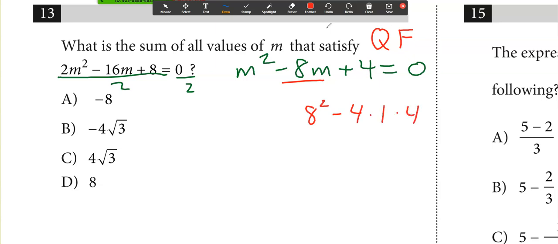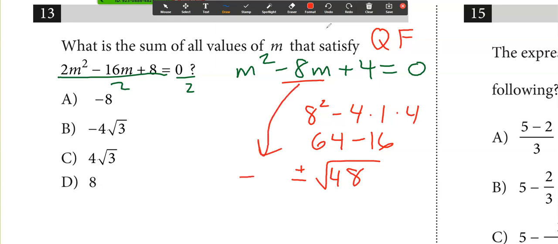What is that? 64 take away 16. How much is 64 take away 16? Well, 64 take away 10 would be 54. Then 54 take away 6? 48. Okay? So that's the part underneath the radical in the quadratic formula.